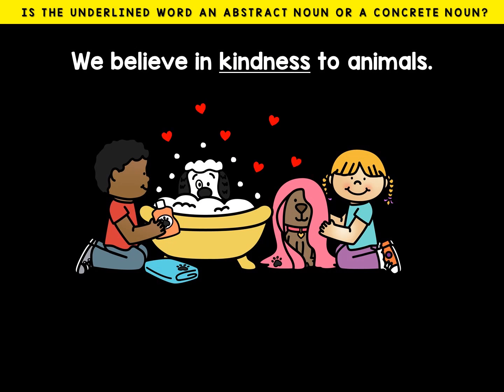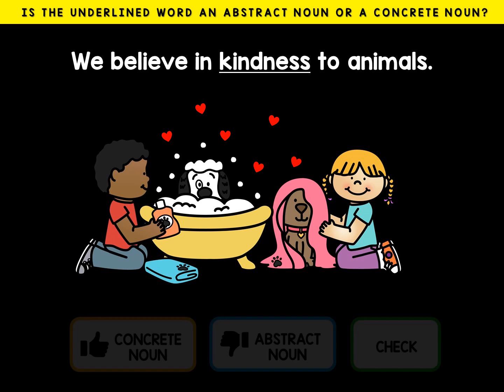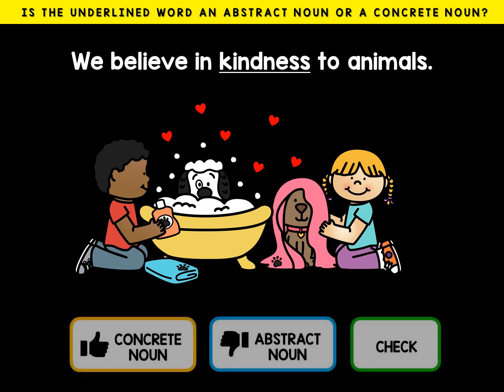So our first sentence is, we believe in kindness to animals. The noun is kindness. Now, is it a concrete noun or abstract noun? Have you circled it? It was abstract because we can't use our 5 senses to detect it.